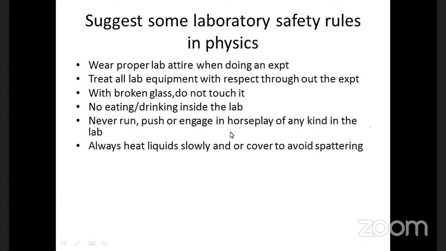When you are dealing with liquids, especially heating them, you heat them slowly. As you do that slowly, you need to cover them, if possible, to avoid sputtering. When the heating has gone to some level, those particles begin to vibrate at a very high speed.